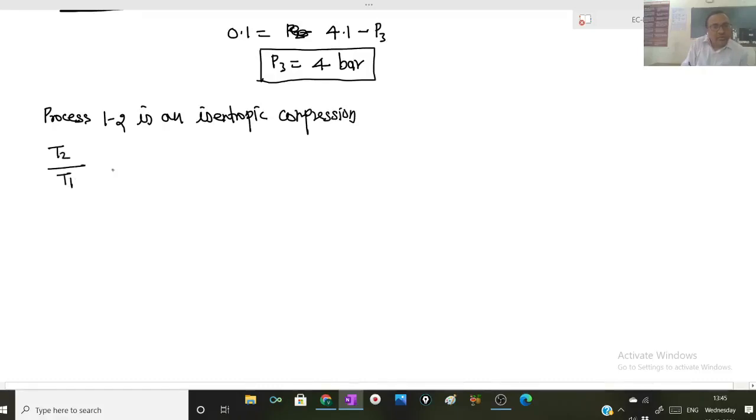T2 over T1 is equal to P2 over P1 to the power gamma minus 1 over gamma.